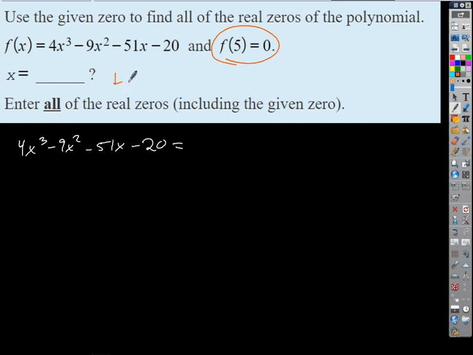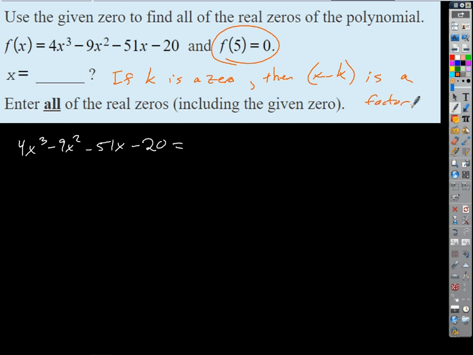And here's the formula for that. If k, the number k, is a 0, then x minus k is a factor. Guaranteed, right?